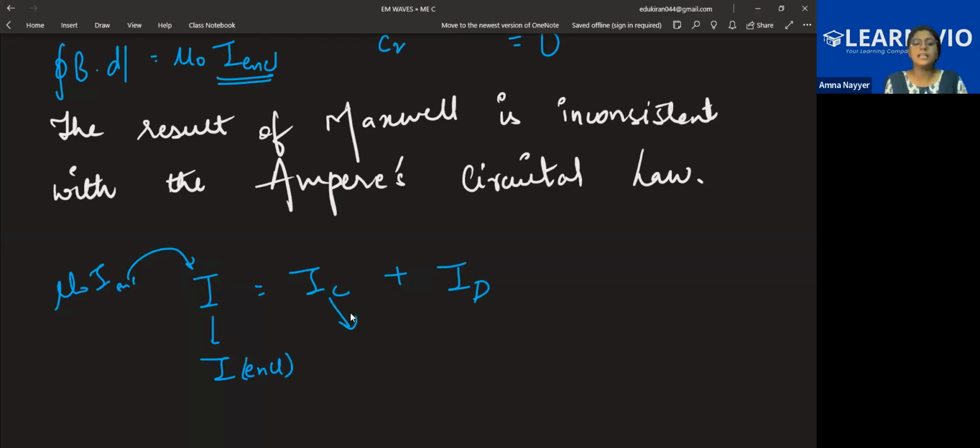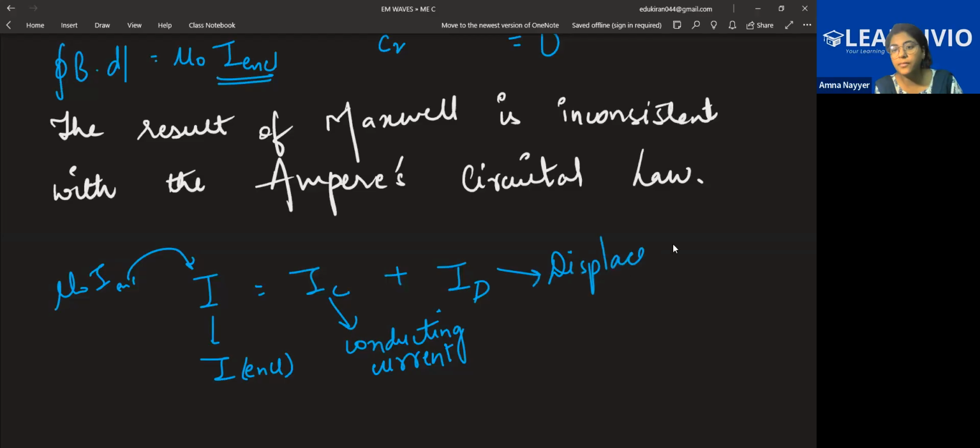IC means the conduction current, the normal current which we use. And what is ID? ID is the additional current which is balancing. This ID is the displacement current.